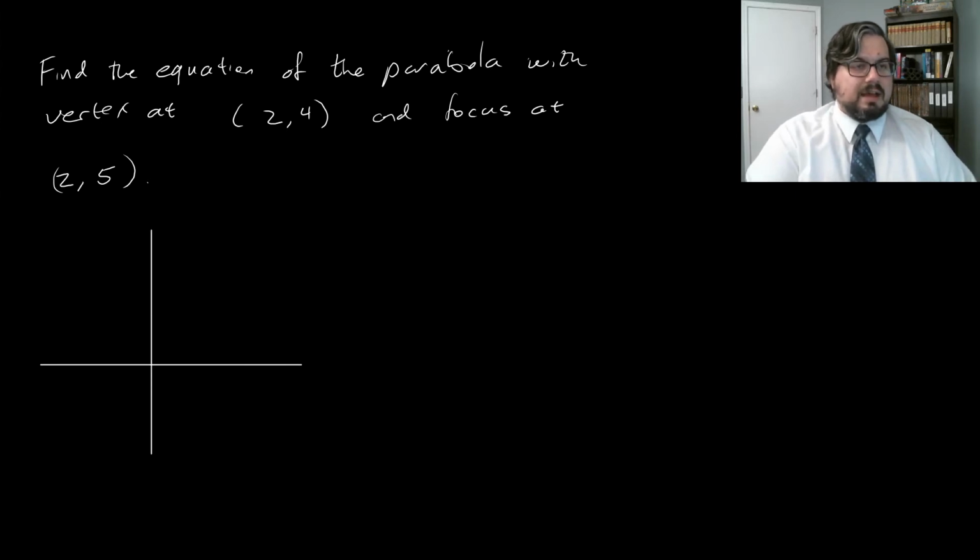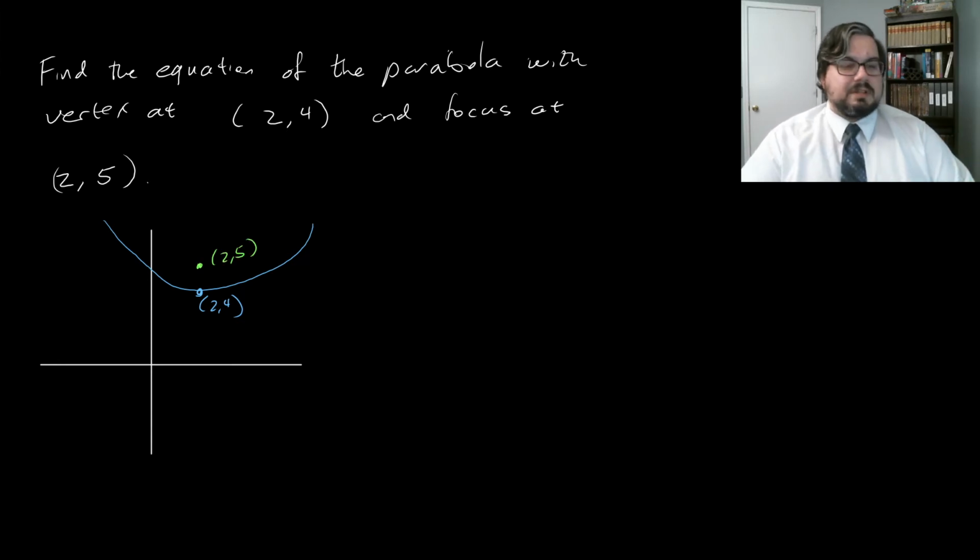So we've got our parabola, something like this, with 2, 4 and 2, 5 as the focus. One of the things that we're going to need to identify is the number p.